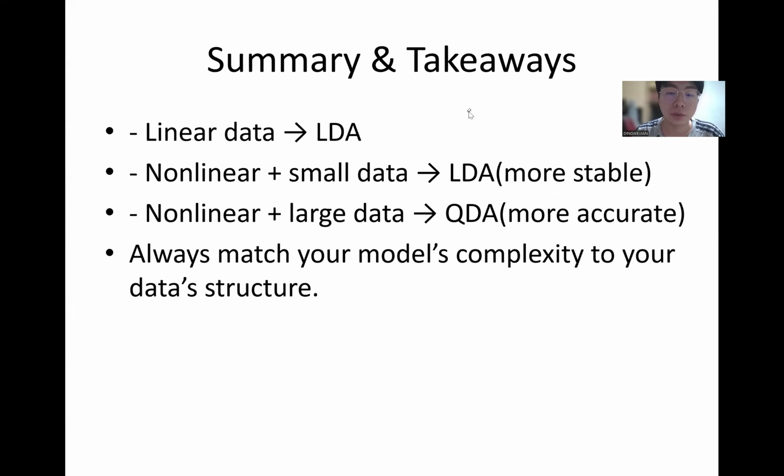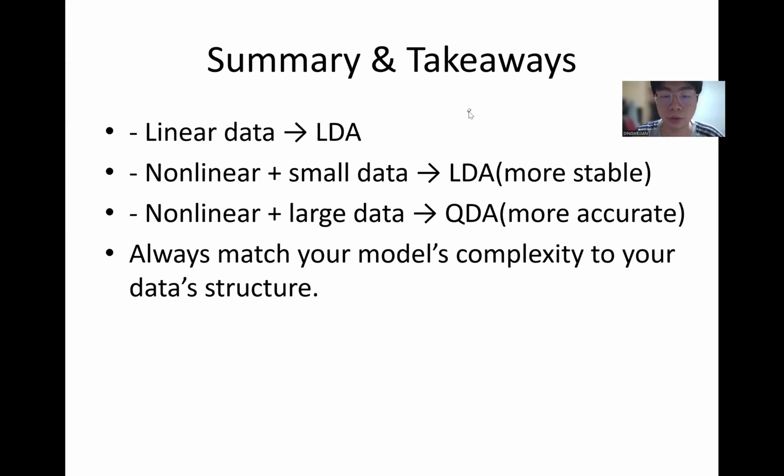Let's summarize everything we have learned. LDA and QDA are both generative classifiers based on Gaussian assumptions. LDA assumes the same covariance for all classes, and it has a linear boundary. QDA allows different covariances, and it has curved boundaries.